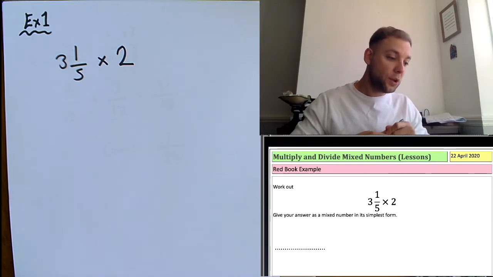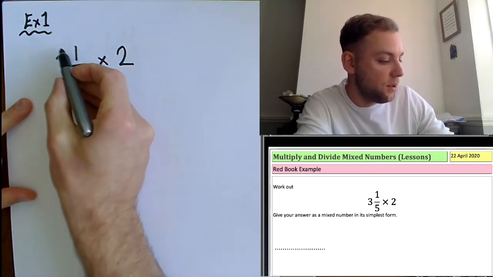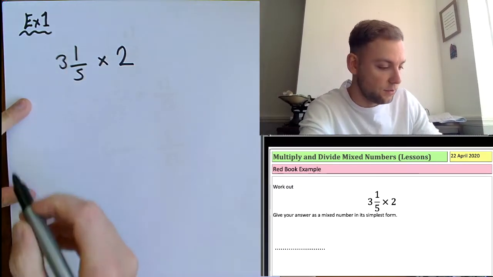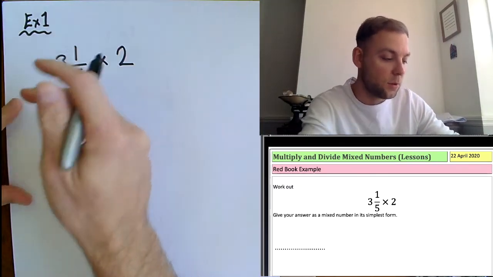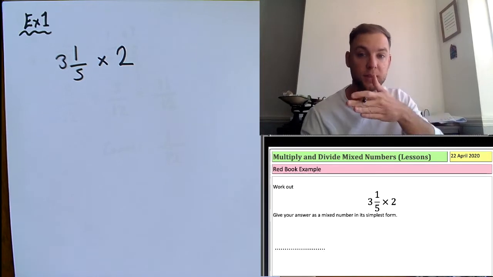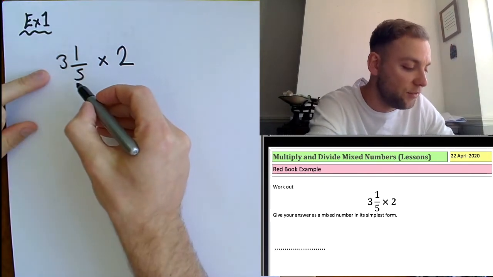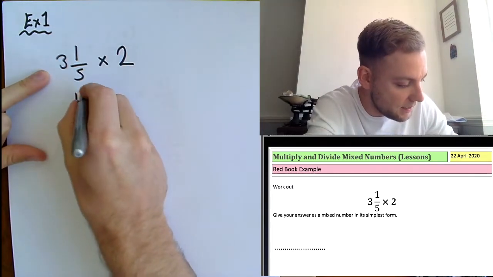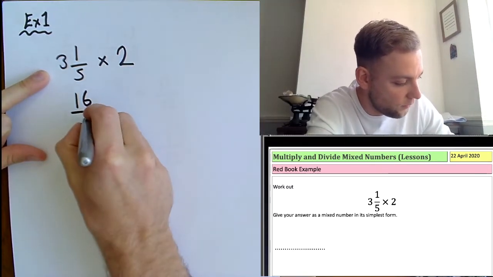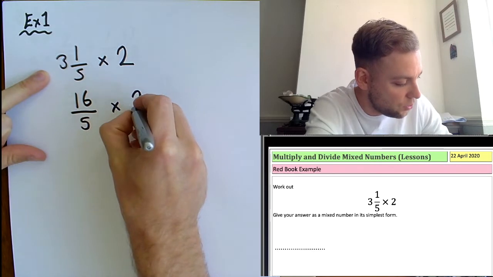We do that by timesing the whole by the denominator and adding the top, because we've got 3 wholes which are split up into fifths and then 1/5 left over. So 3 times 5 is 15 plus the 1 is 16 over 5, times 2.